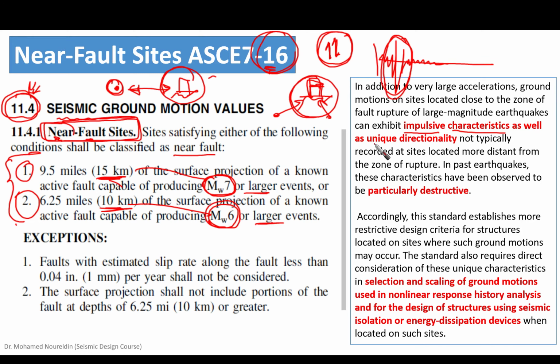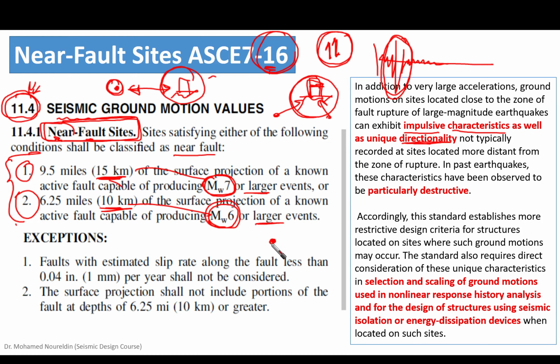Another thing we call the directionality effect. What does it mean? I'm going to talk about this issue in detail later, but I'm just going to give a hint about the meaning of it.